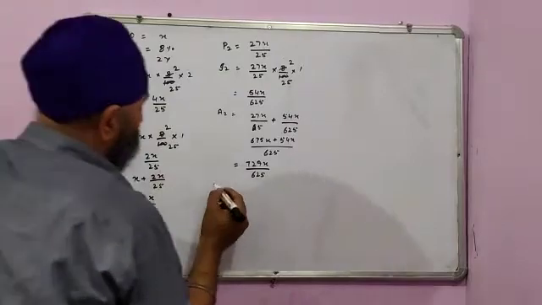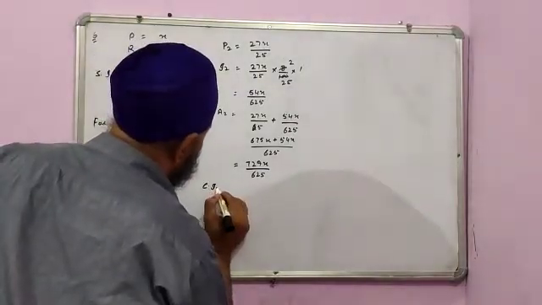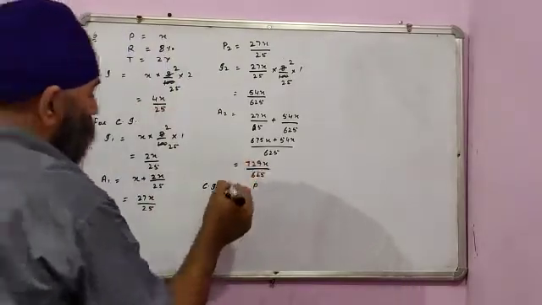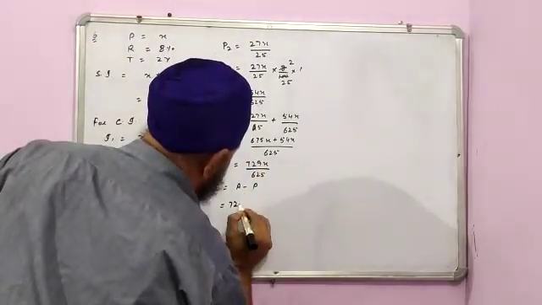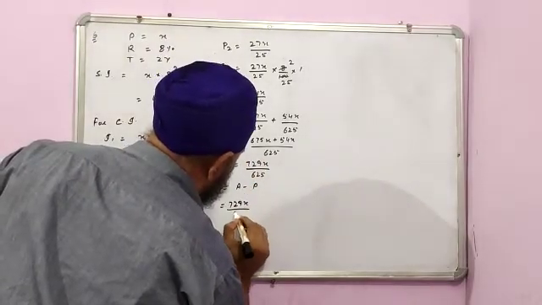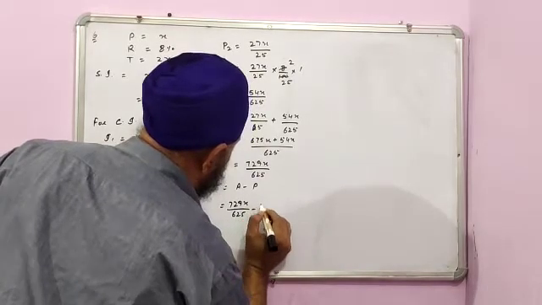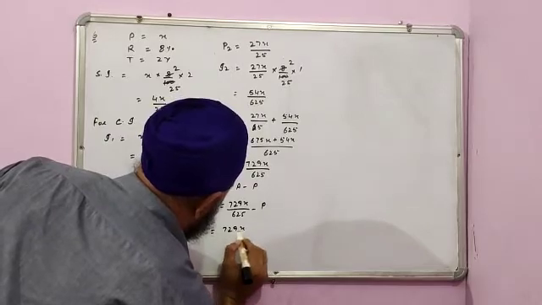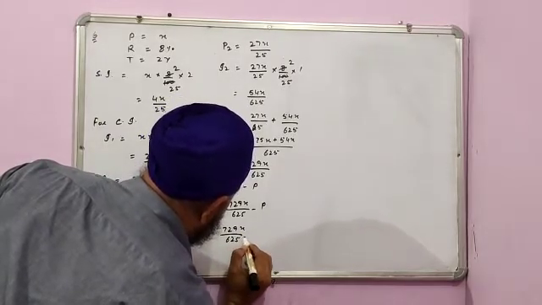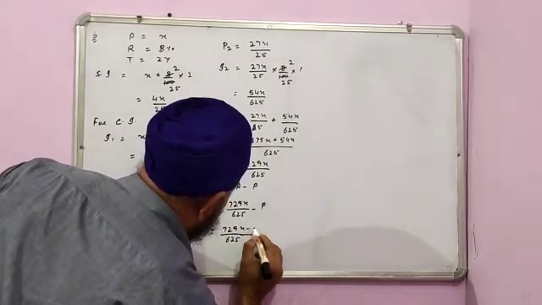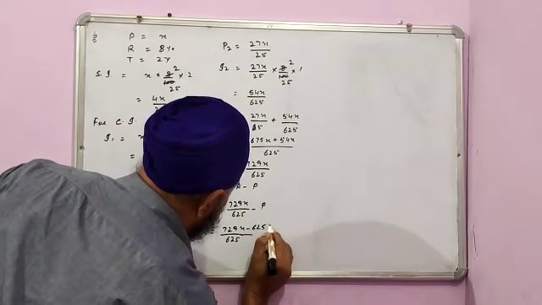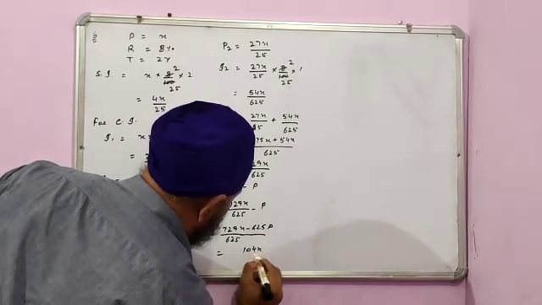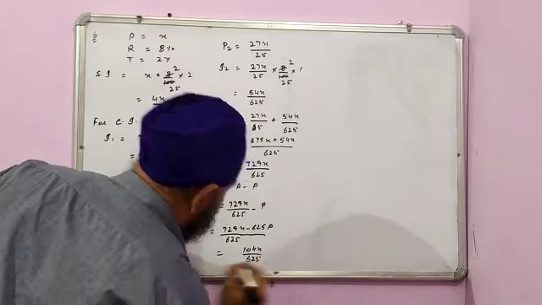Now compound interest is amount minus principal. Final amount is this much, 729x upon 625 minus principal, 625x upon 625. It is 104x upon 625.